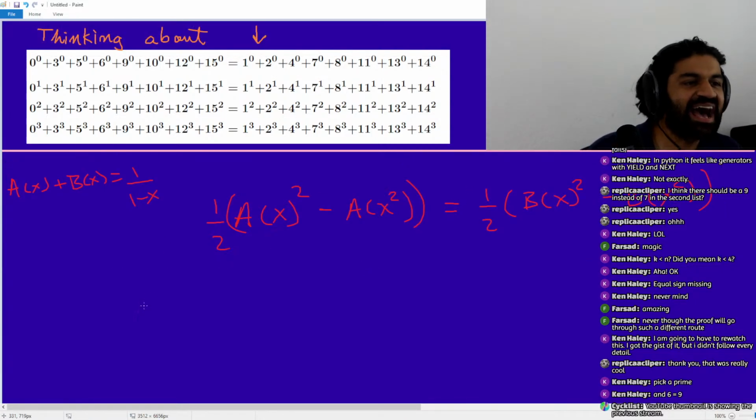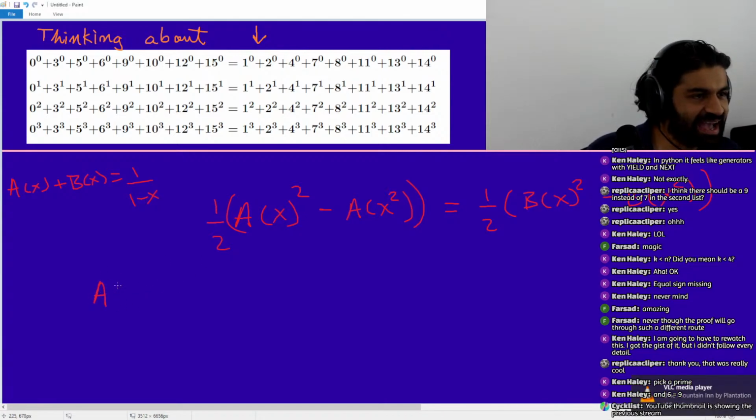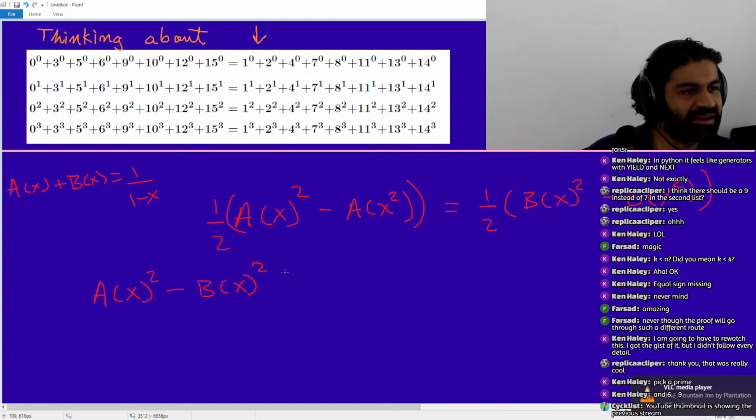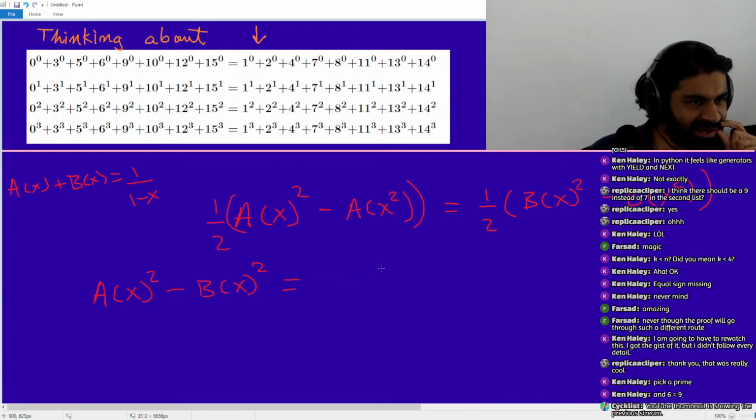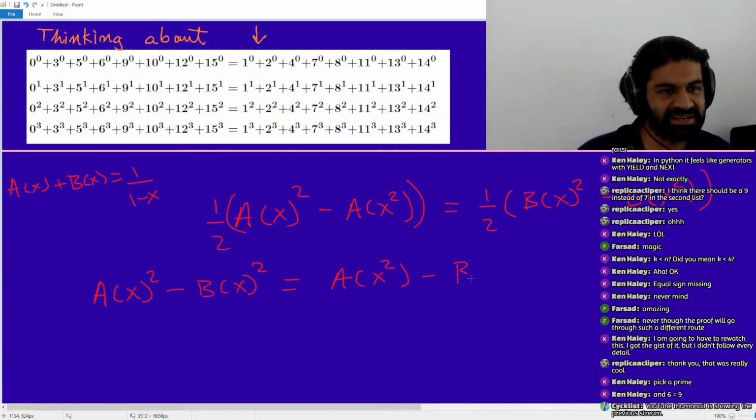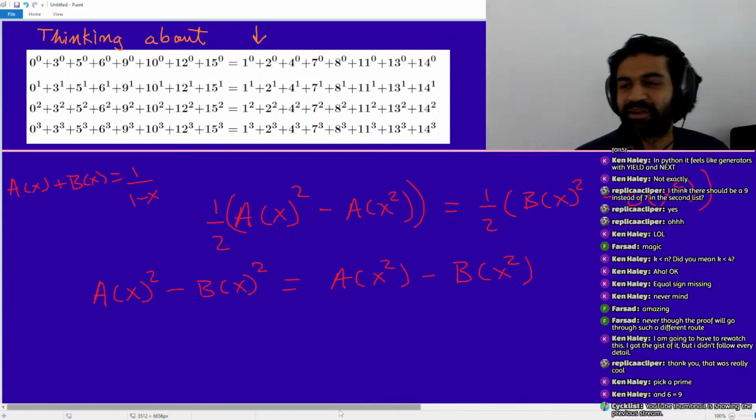Well, I can cancel out the halves, and now I have that A(x) squared minus B(x) squared is in fact equal to A(x squared) minus B(x squared).